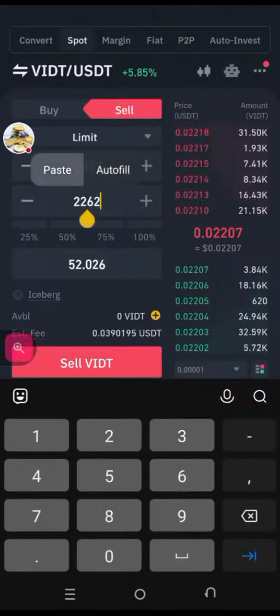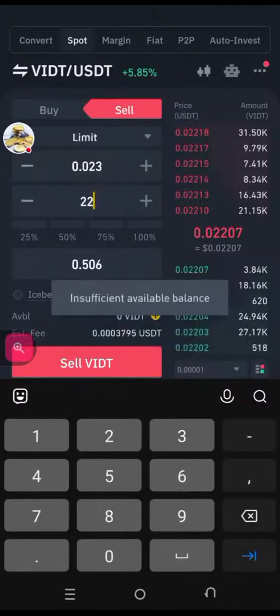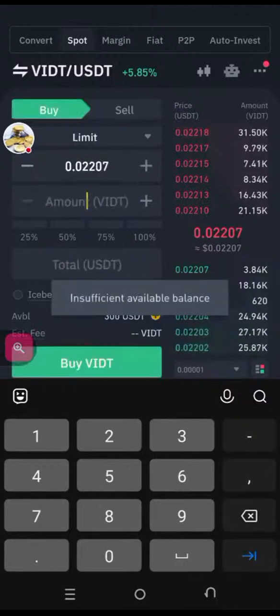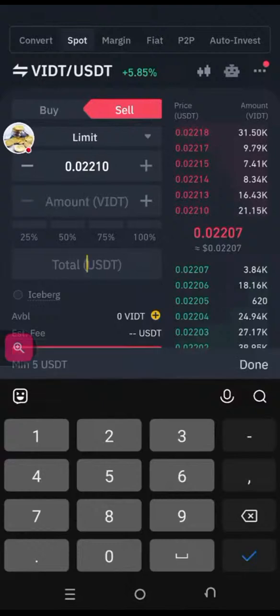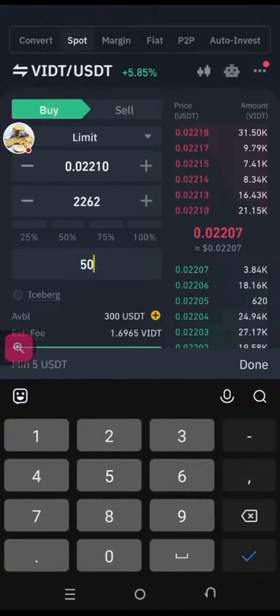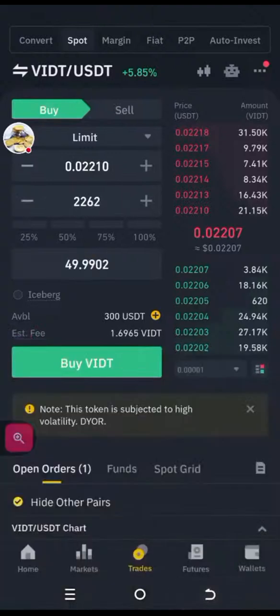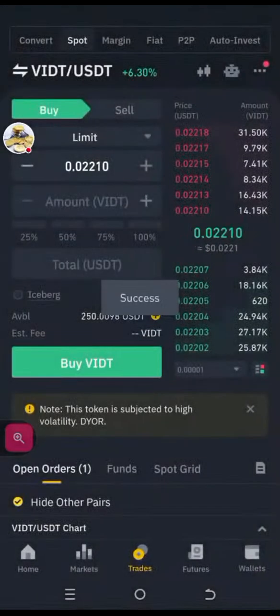Let's see how much we'll make. Wow, it's a lot. So let me pick it. Oh, sorry. I'll pick the higher price. And let's buy $50 worth. Let's buy it. Done, obviously. You can see the price automatically changes to 2210.